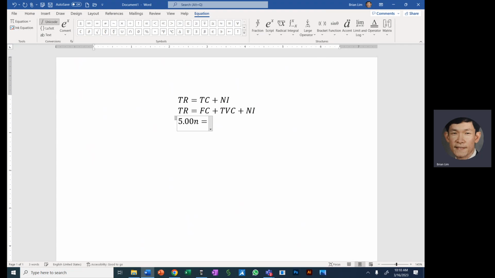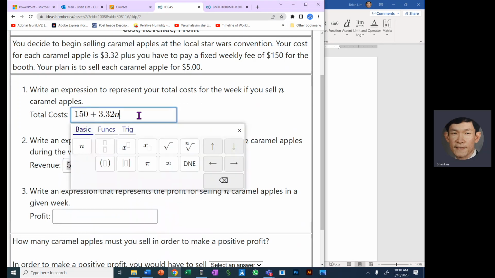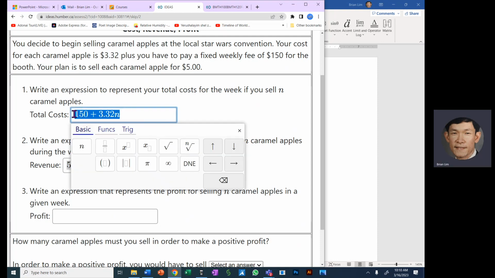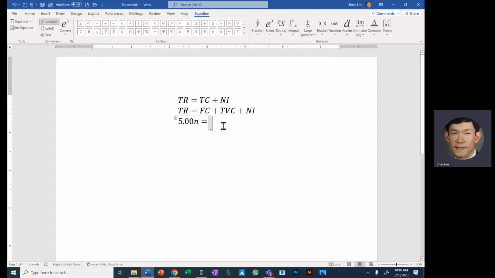That's 5 times n is equal to the total cost, or cost, whichever way you like to think about it. Let's highlight and copy, and we go over here and paste it.